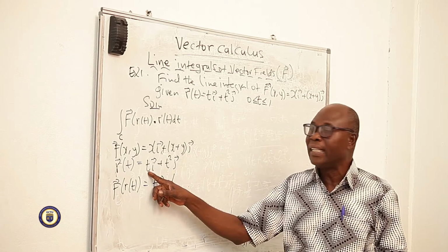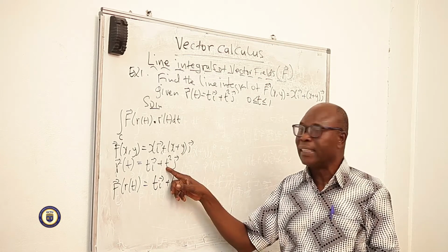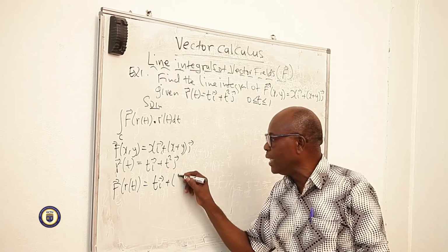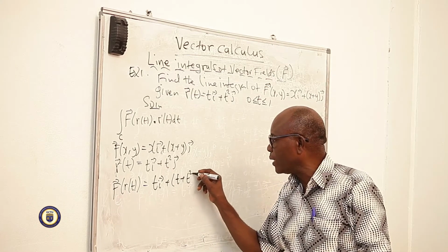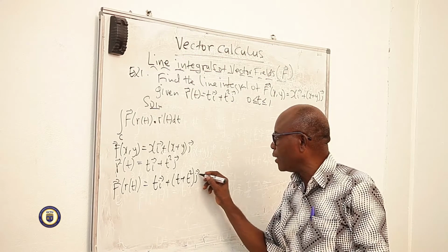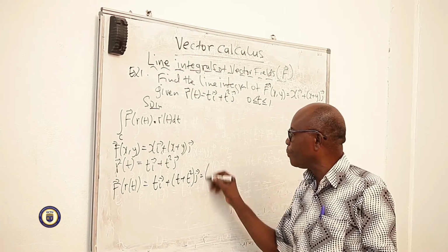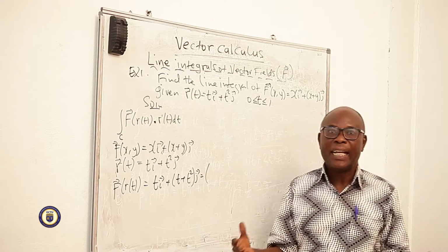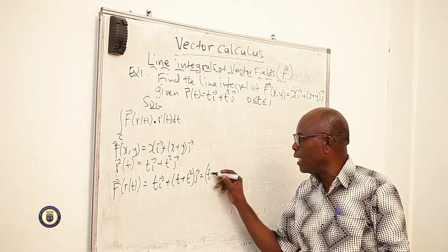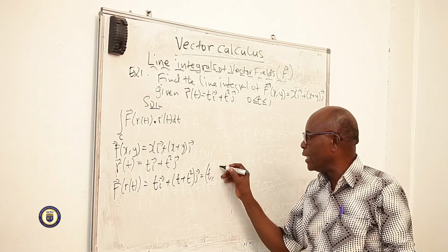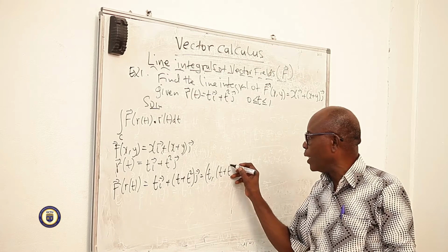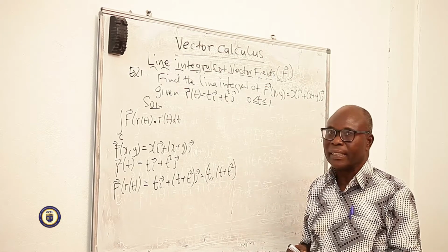X is t, then y is t squared, so this one will be t plus t squared in the j direction. So we can quickly put it in bracket form: t for the i direction, then t plus t squared in the j direction.